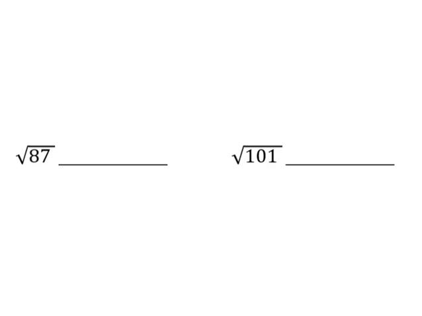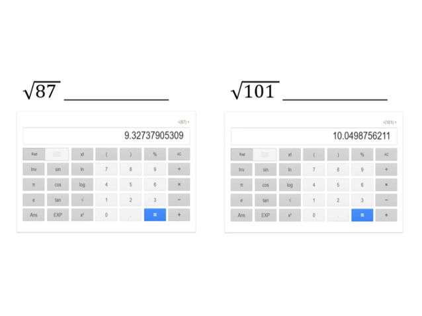We have the square root of 87 and the square root of 101. For the square root of 87, will our answer be 9.32 or 9.33? You're correct. It'll be 9.33 because if we look to that thousandths place, there's a 7.